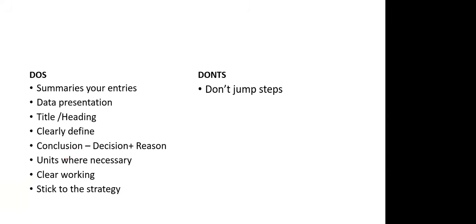Now I'm going to start with what are the do's and what are the don'ts. One is that when you are dealing with matrices, I want you always to first summarize your entries. What do you mean by entries? When they give you the scenario, first have a simple table and summarize your data in a very good way.